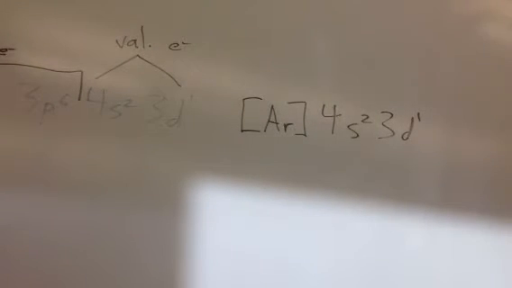Particularly for elements down towards the bottom of the periodic table, you're going to hope that you get asked for an abbreviated electron configuration, not a full electron configuration. What noble gas is just before iodine? Krypton. Kr, way over here on the side.